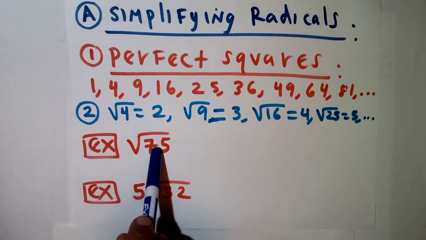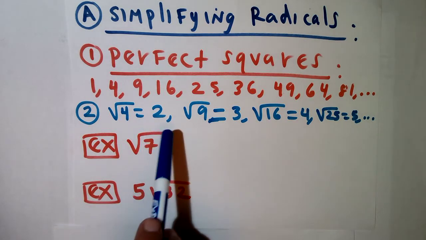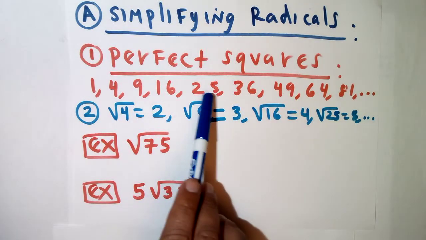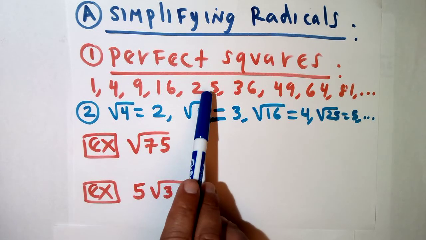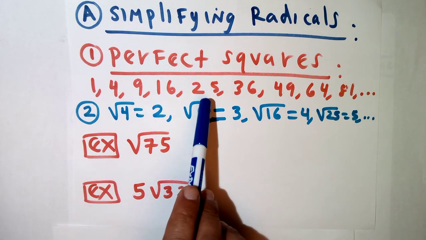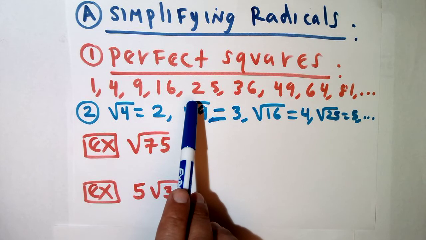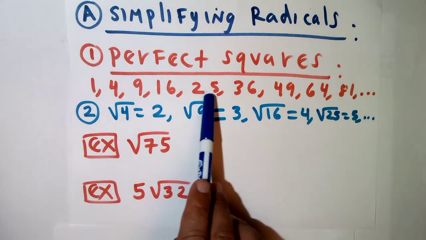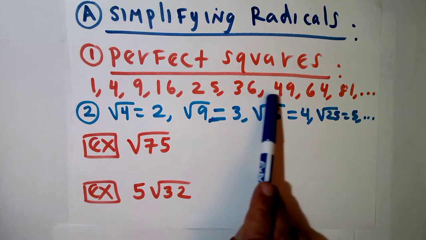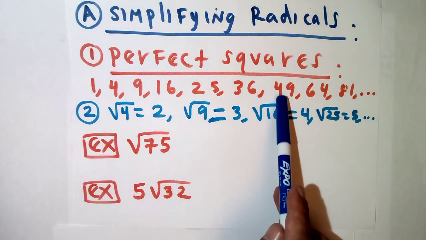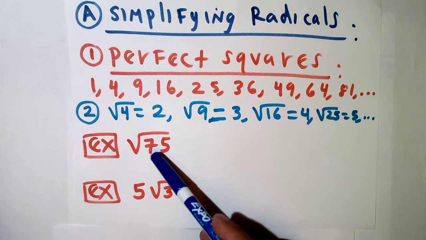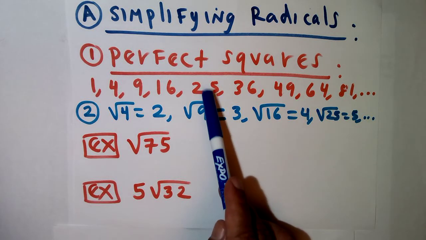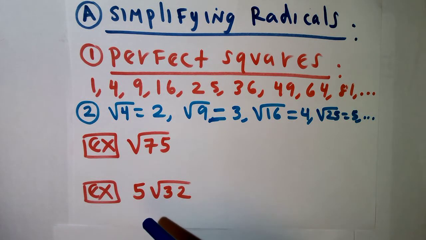But remember, the key here is that you need to find the highest number from the perfect square family, because if you don't do that, you won't be able to simplify on your first try. So if you keep going, 36 is not, 49 is not. You see that the numbers are getting higher and closer to 75, so that tells you that 25 is the only number.